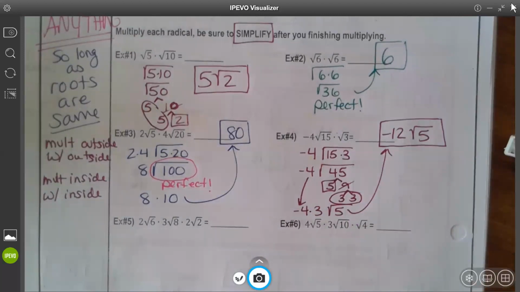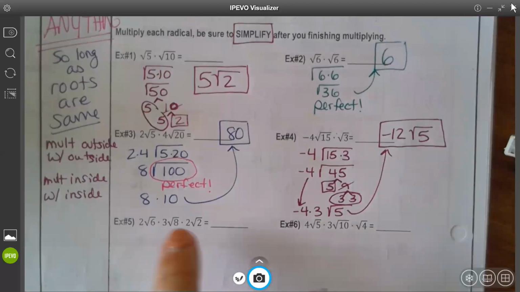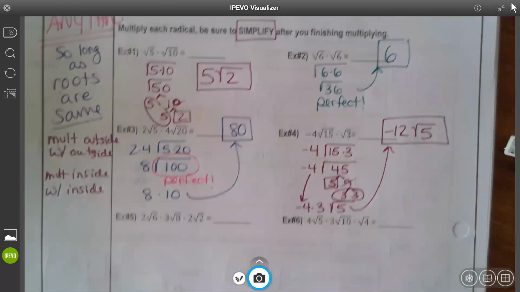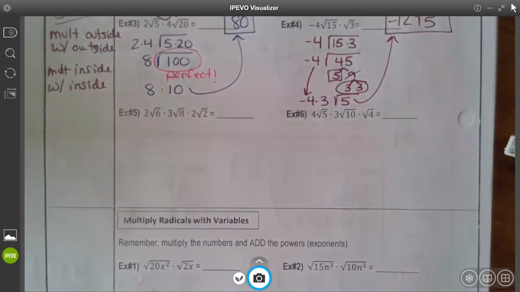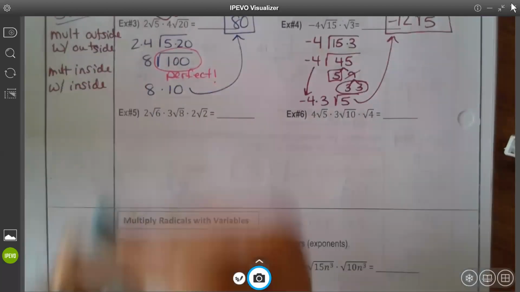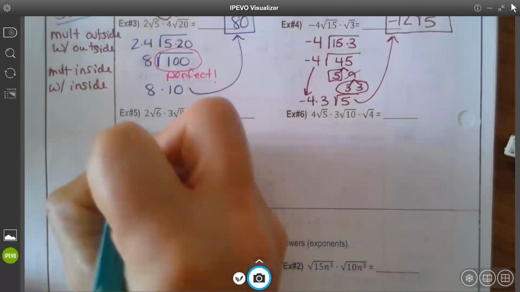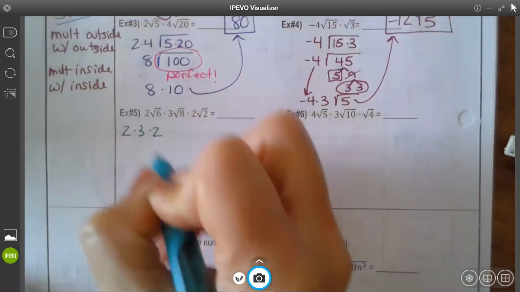All right, number 5. Holy smokes, what happens if you have 3 numbers that are multiplied together? Same stuff, just multiply. It's a square root and a square root and a square root, so we are good on the root part. Now we just need to multiply all the outside numbers. So that's going to be a 2 times a 3 times another 2.